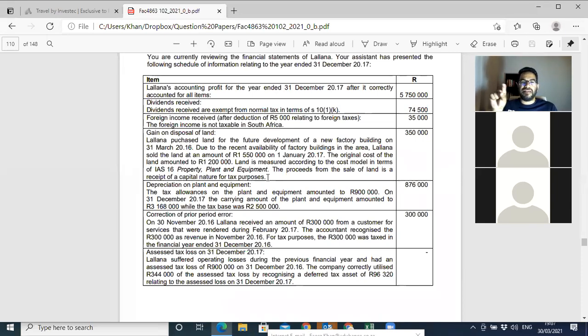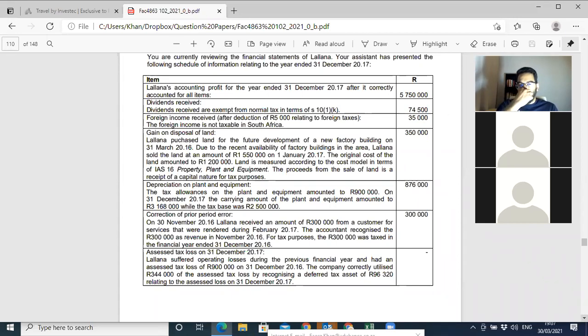So that 20% difference is a permanent difference. So take note right there, permanent difference, and that will have to go to the tax rate recon. Same thing with the 35,000 Rand. The difference between what the tax should have been and what the tax is results in a permanent difference. So write down next to it permanent difference, and it will also go to the tax rate recon.